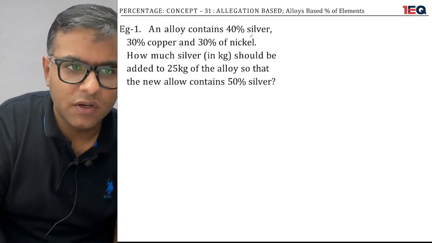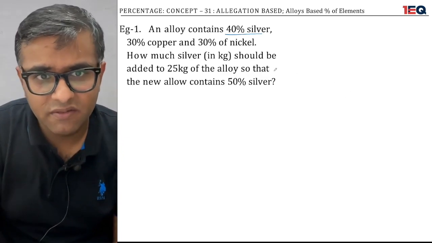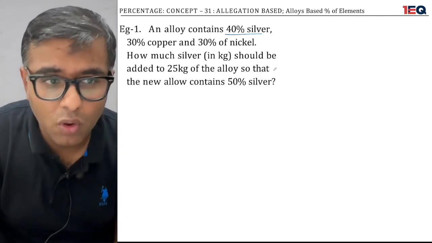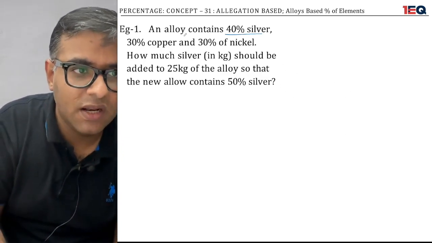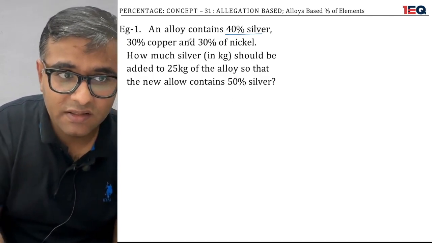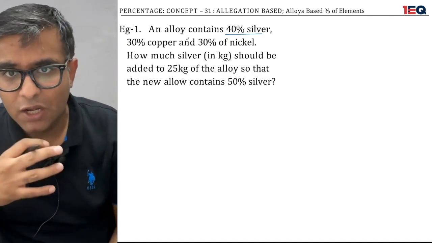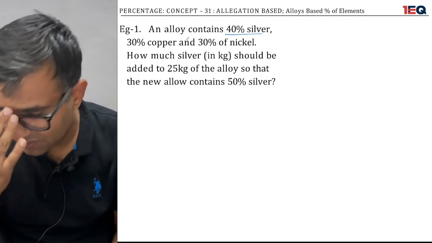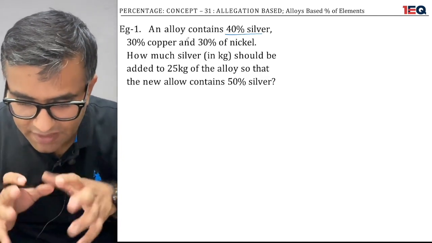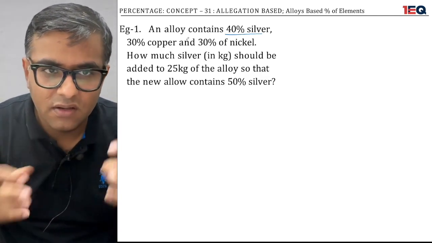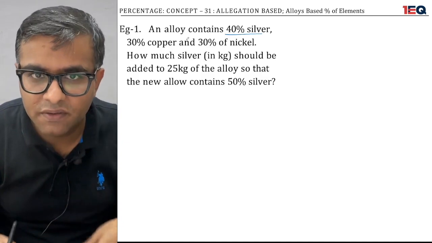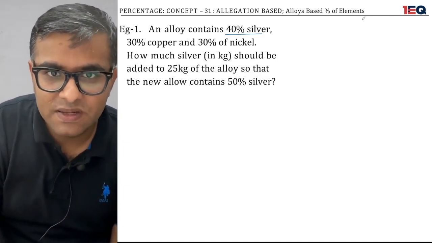Moving on. This question also might seem to be a very big and bold question of allegation. It involves an alloy. An alloy is a form of a metal formed by using different elements.